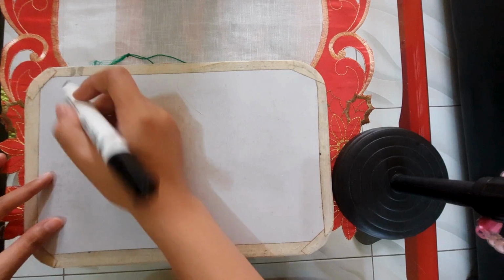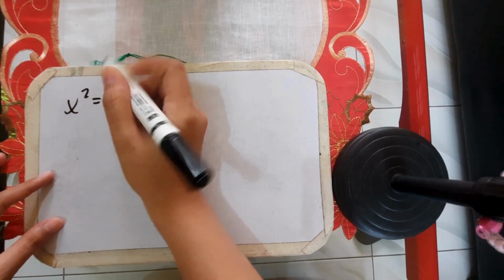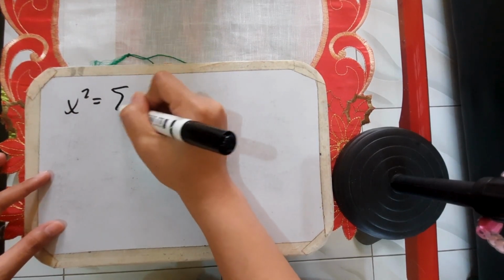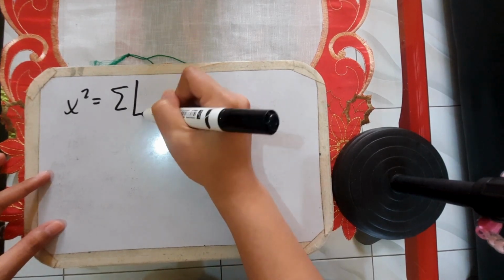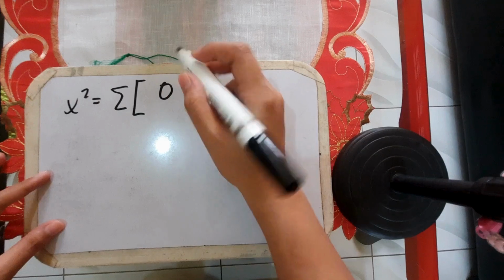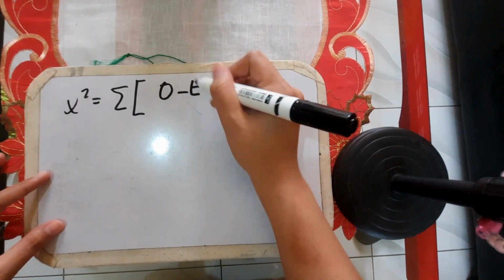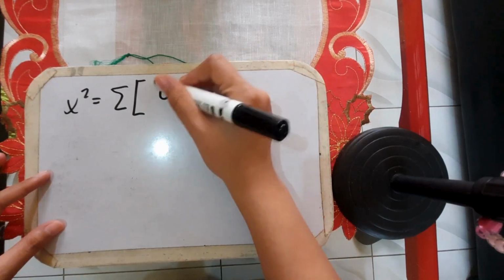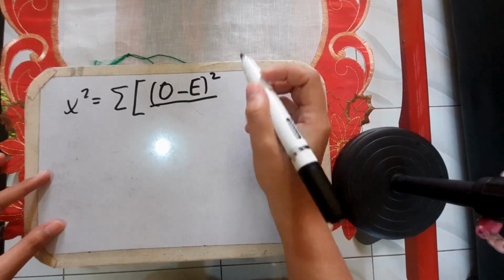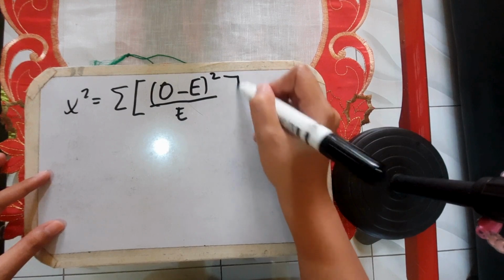For our formula, chi-square is equal to the summation of the observed minus the expected squared divided by the expected value.